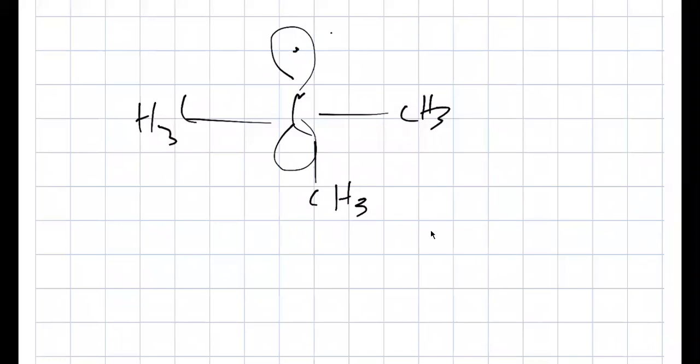Right, so you got 1 electron in that p orbital. Let me fix that carbon too. All right.